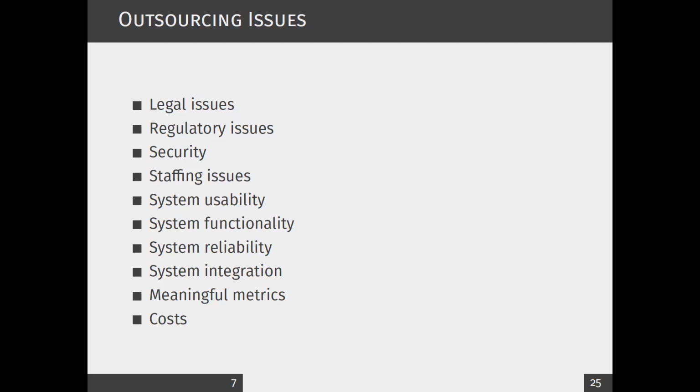Then staffing issues. For example, let's say you are going to convert your business to e-business. You have to ask the question whether you have staff to implement this new initiative. Then system usability.